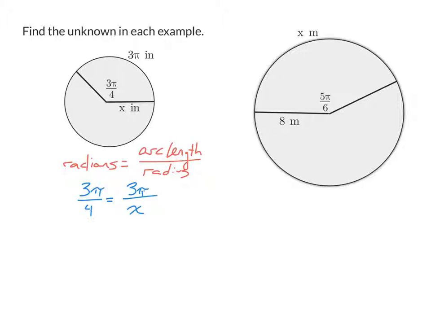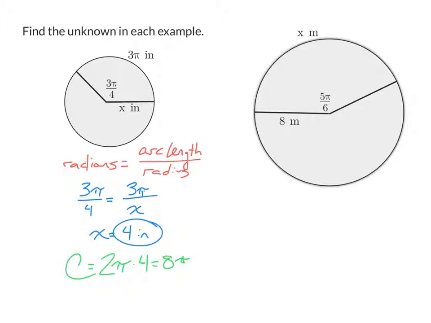Well, this makes it seem pretty easy to figure out what x is. Since both the numerators are 3 pi, the denominator has to just be 4, and that's in inches. If you think about what the full circumference of this circle would be, it's 2 times pi times 4, which is 8 pi.